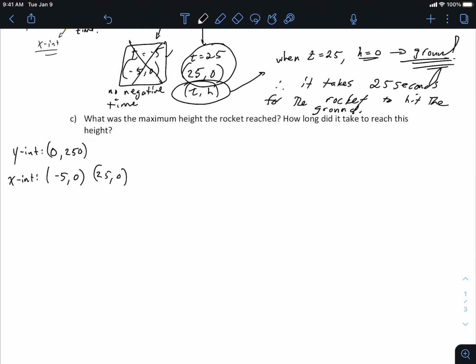Right? Now, after we found x-intercepts, we learned about, can I find the axis of symmetry? It's the axis of symmetry that allows us to find the vertex. We did a whole bunch of this when we were producing the graphs, right? We found the middle of the x-intercepts, which told us the axis of symmetry.